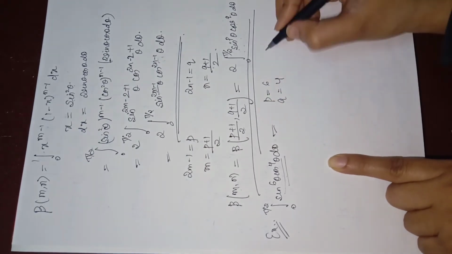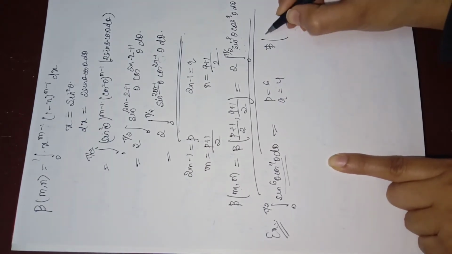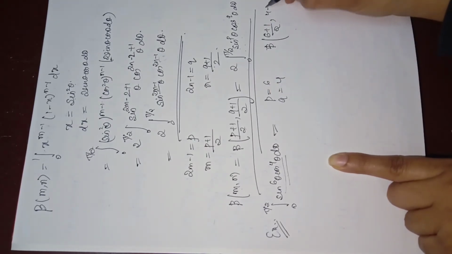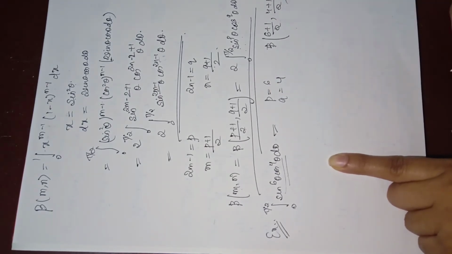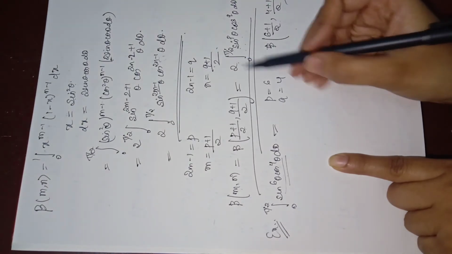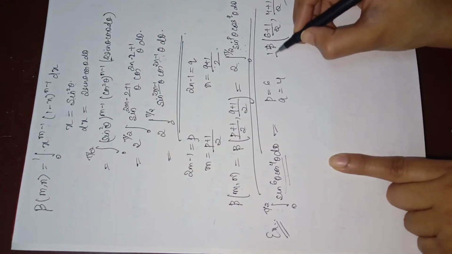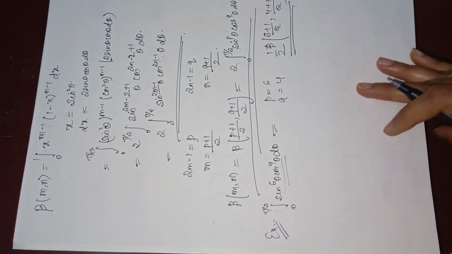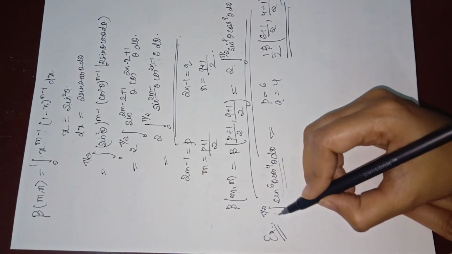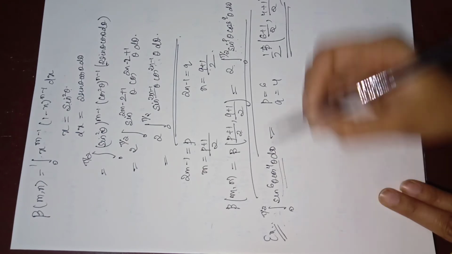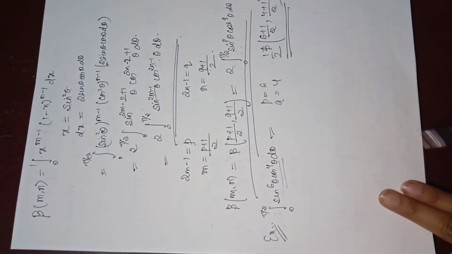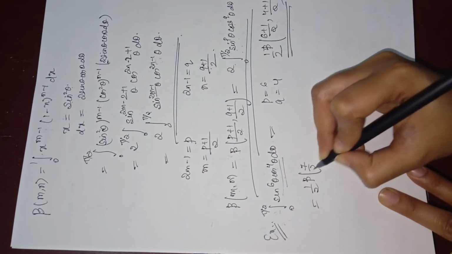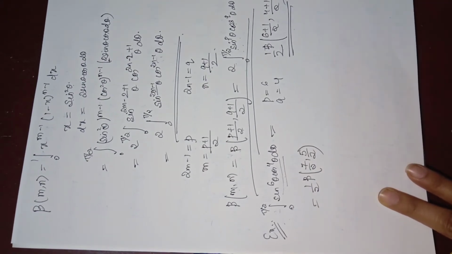So my answer is beta of 6 plus 1 by 2, comma, 4 plus 1 by 2. And since there wasn't a 2 here, I multiplied with the 2 and divided with the 2, so I have to divide this side also. So the answer is half beta of 7 by 2, comma 5 by 2.